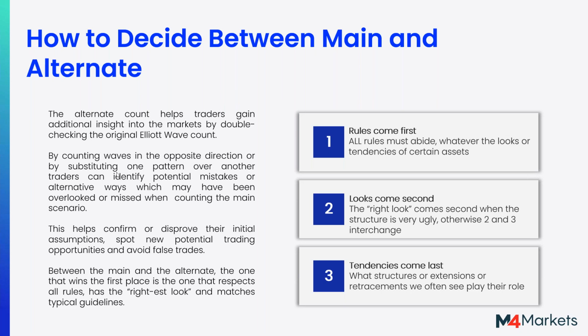And tendencies come last. So yes, this is the right process: rules, right look or structure, and guidelines. This is how it works, okay? Sometimes it's very tricky to decide which one is the main and which one is the alternate. If you weigh how many rules are being respected here and here, it might be exactly the same amount of rules.